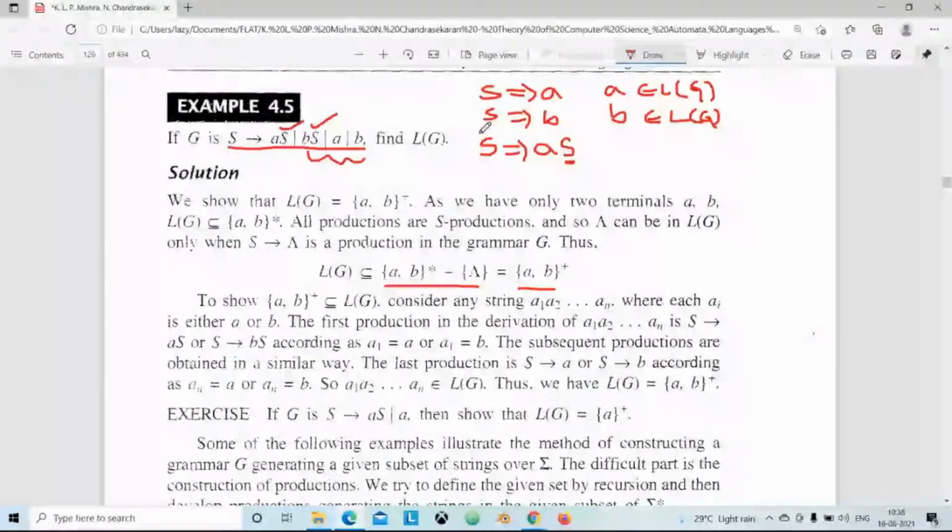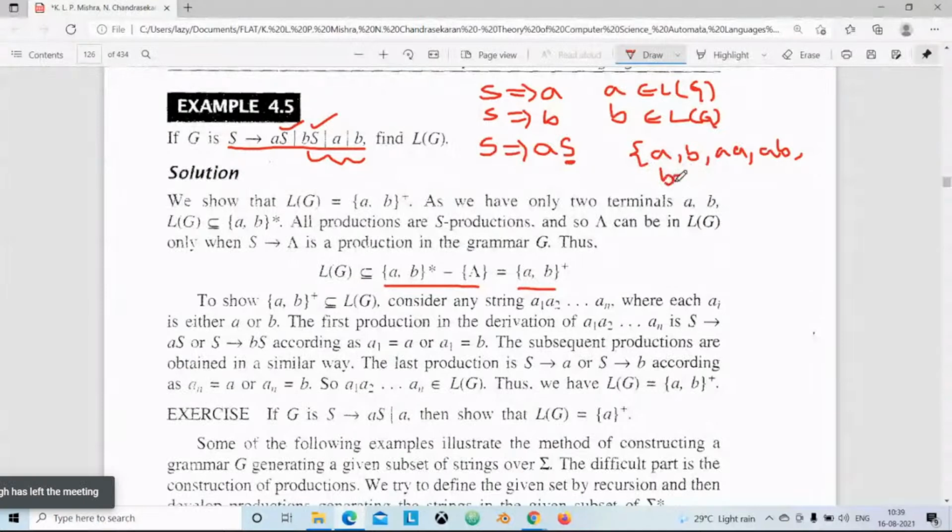If you replace S by a, you will get aa. If you replace S by b, you will get ab. If you replace S by bS, then b and then anything: you can have a or you can have b.